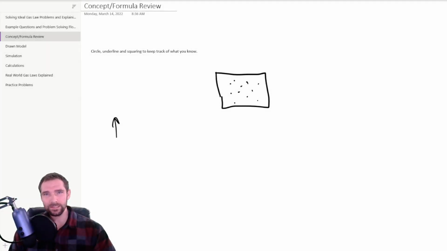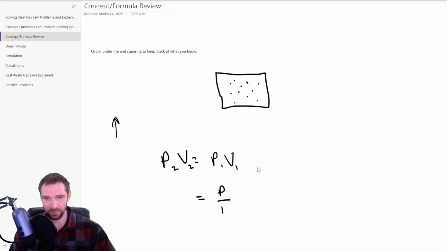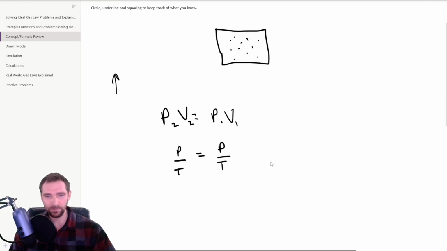So you've probably seen these various equations where they have P1, V1 equal to P2, V2, talking about how this of course is equal to that. Or maybe you've got your pressure over temperature equations, right? So you've got all these different equations relating different pressures and temperatures.